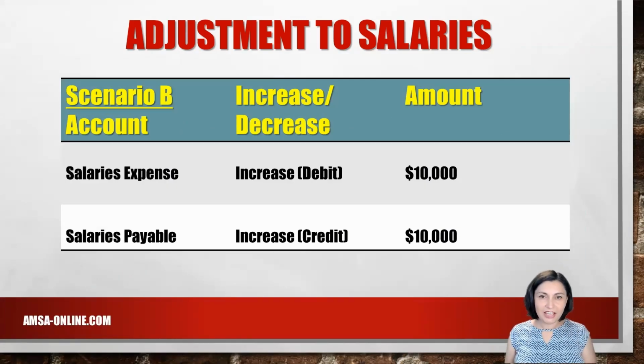In this case, the adjusting entry at the end of the month for accrued salaries includes an increase to salaries expense for $10,000 and an increase to salaries payable for the same amount.